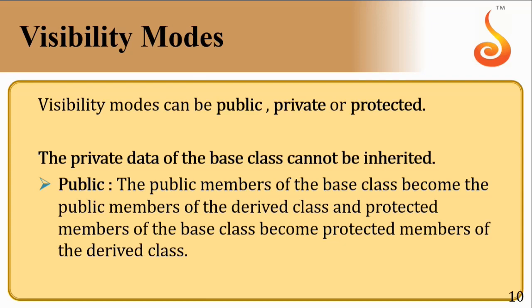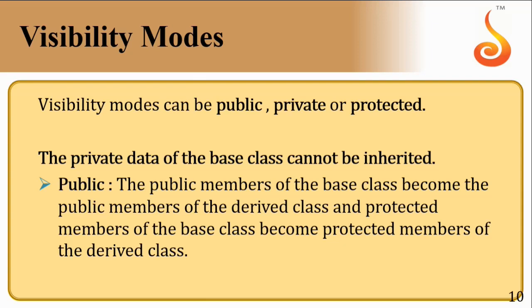The data declared under the private access specifier of the class cannot be inherited. The public members, that is member functions or data members of the base class, will become public members of the derived class, and protected members of the base class become the protected members of the derived class.